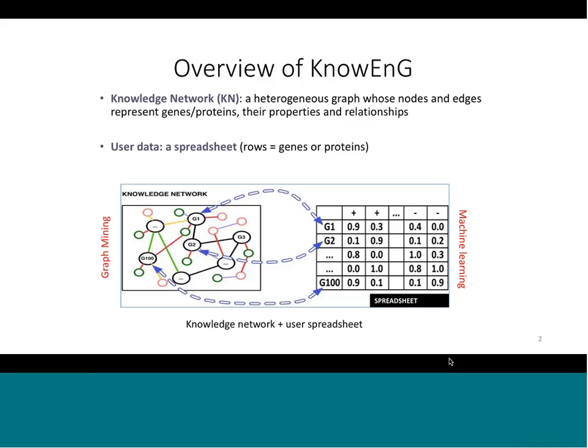Also, the nodes in the graph include properties or annotations of proteins, and you can think of gene ontology terms and biological pathways from KEGG or other places, and the presence of a PFAM domain and so on. So biological and biochemical properties are also kept as nodes in this heterogeneous graph. And then you connect a gene node to a property node when there's prior annotation supporting that relationship.